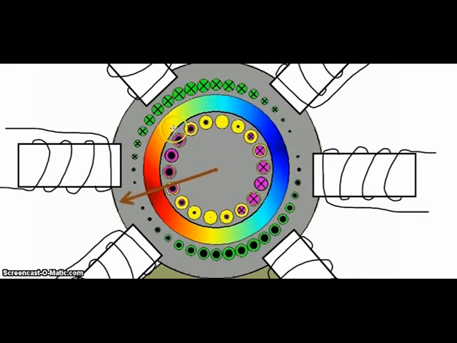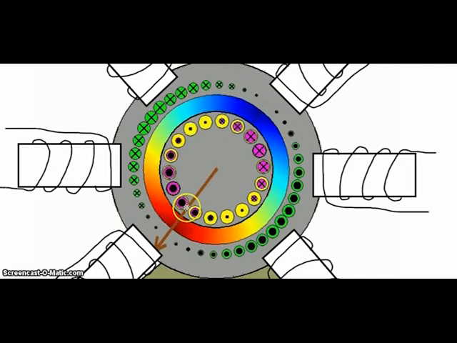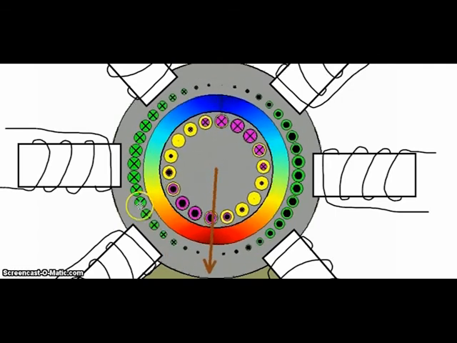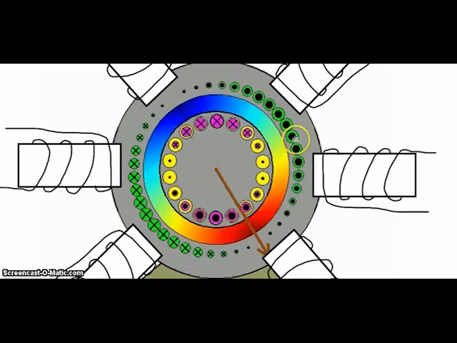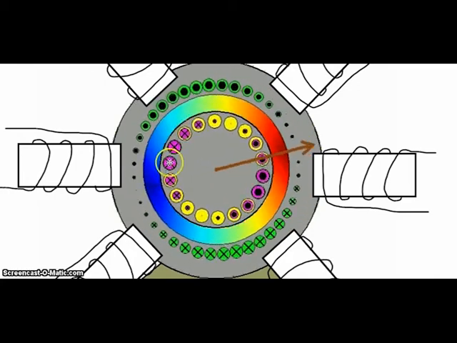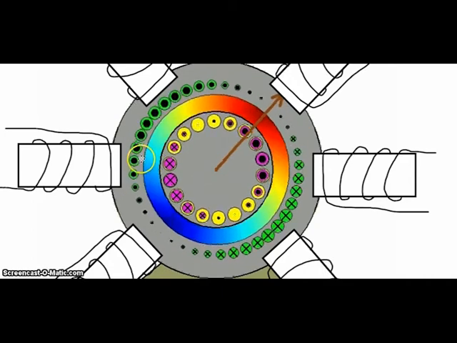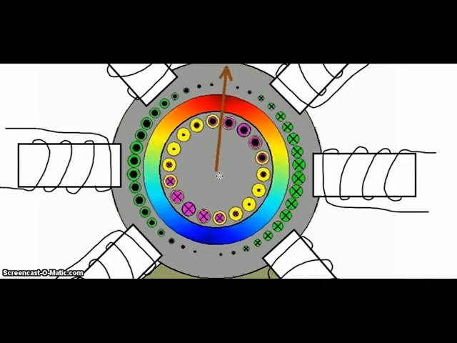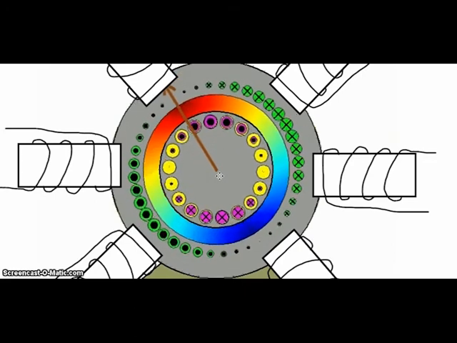So the squirrel cage has a current induced in it, which always sits in front of the magnetic fields. If you want a north pole to stop coming towards you, then you create a north pole to push back against it. This is how an AC induction motor works.